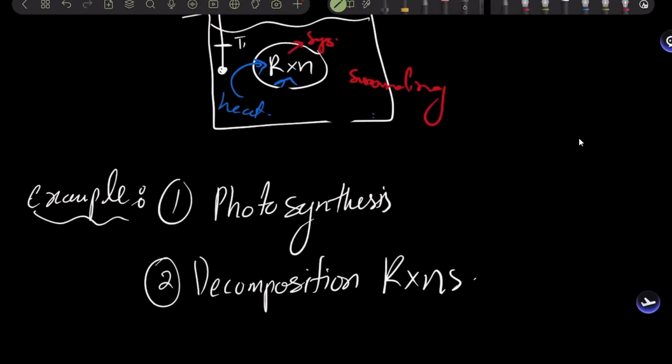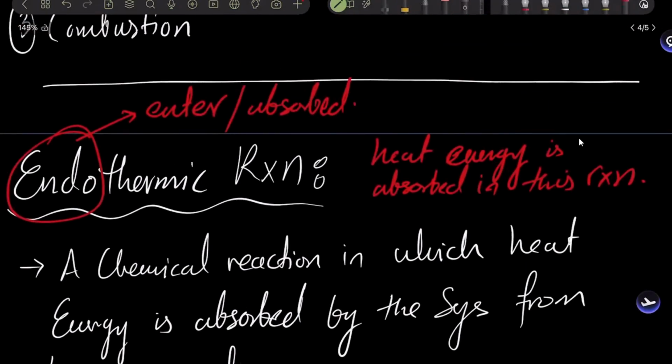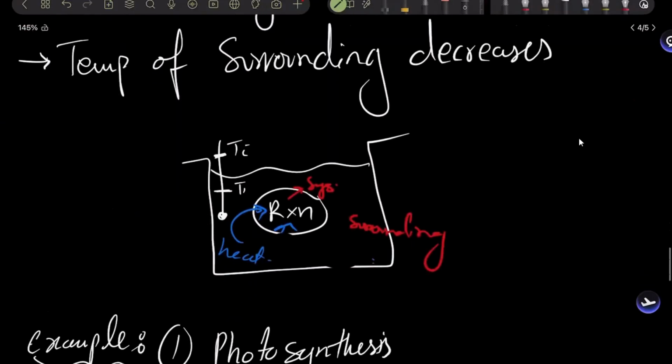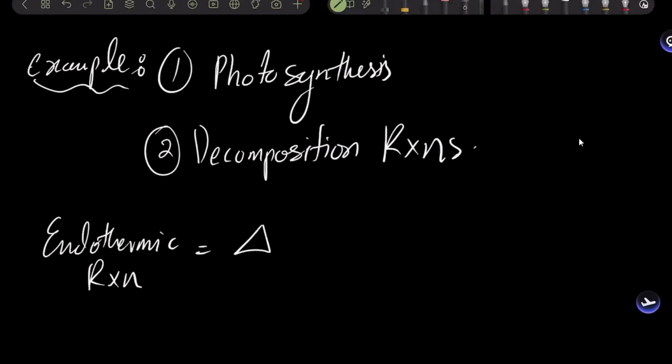And again, what should be the sign of delta H for endothermic reactions? So you have an endothermic reaction, the enthalpy change of the reaction, which means the overall net energy change. Since it is an endothermic reaction, the net energy change would always have a positive value.